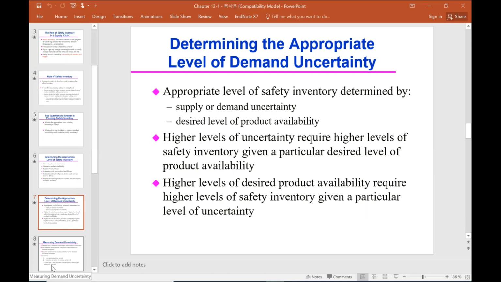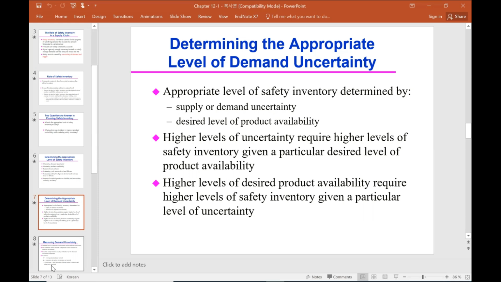We are not able to get rid of the uncertainty at all. By making some effort and spending time and money, we are able to reduce uncertainty, but still we are not able to remove it. A good example is demand forecasting.